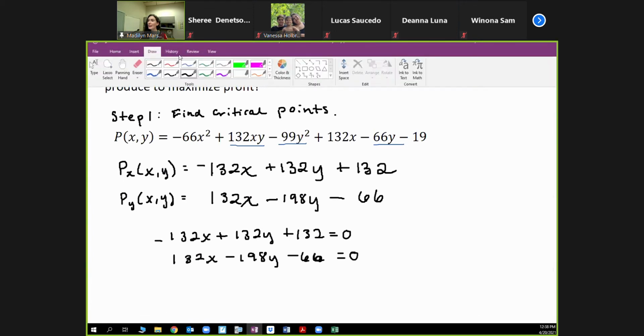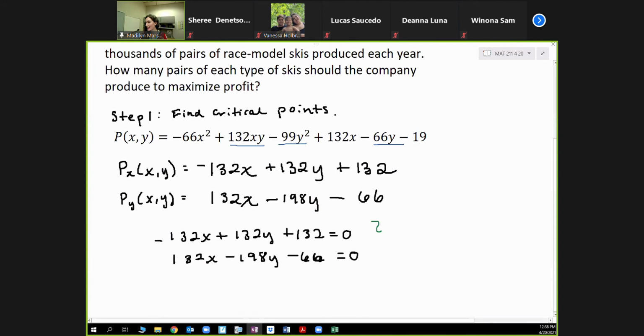And now this is a system of equations. So we need to solve this.